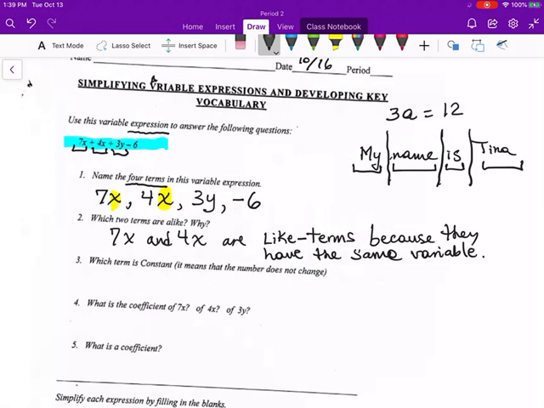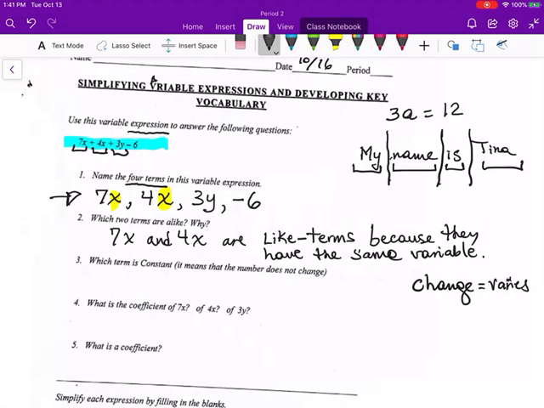Next question says, which term is constant? Remember that terms are like what we did in number 1. All these are the terms, there are 4. Which term is constant? Constant means that the number doesn't change. Well, if it's not going to change, another word for change is vary, right? When something varies, it changes.